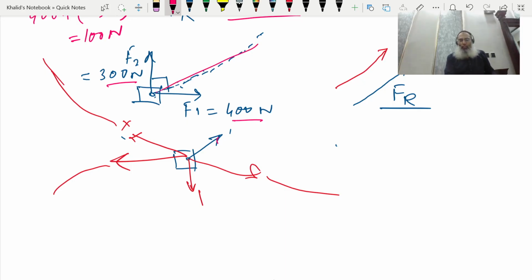So if I remove these two forces and here I just draw a single force, that single force is actually the resultant of these two forces. And now, interestingly, trigonometry has a very close relation with this physical phenomenon. Now we are connecting trigonometry with this physical phenomenon.